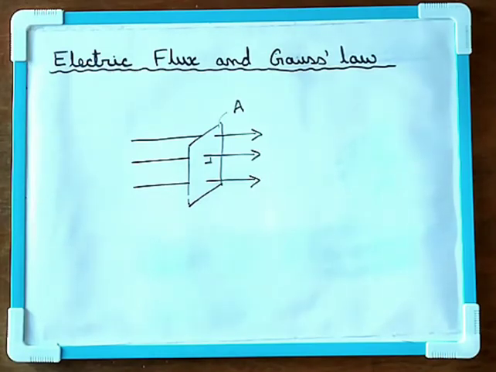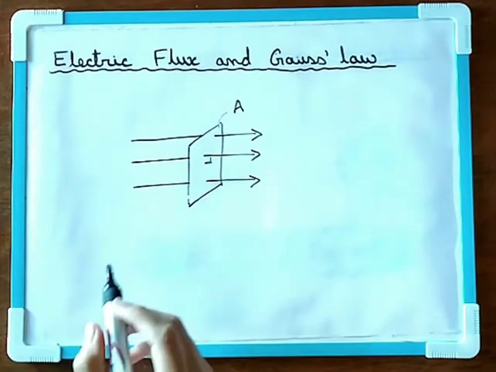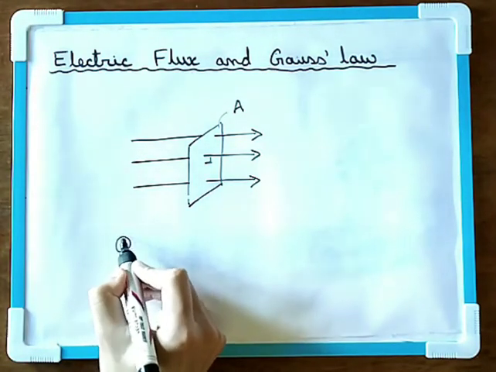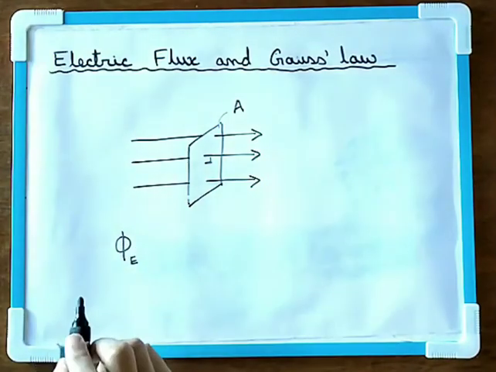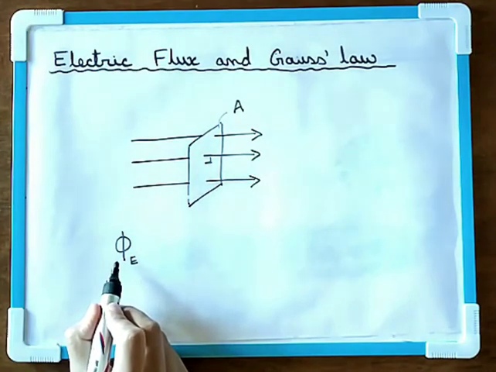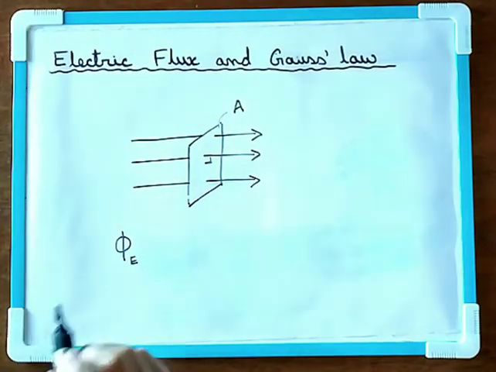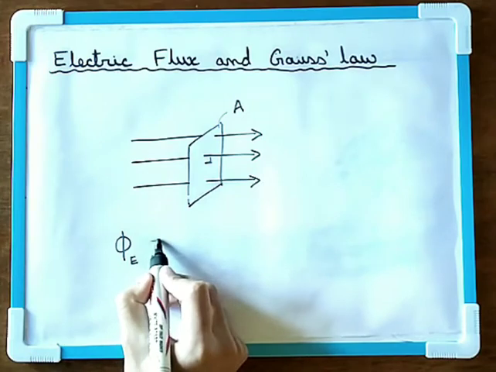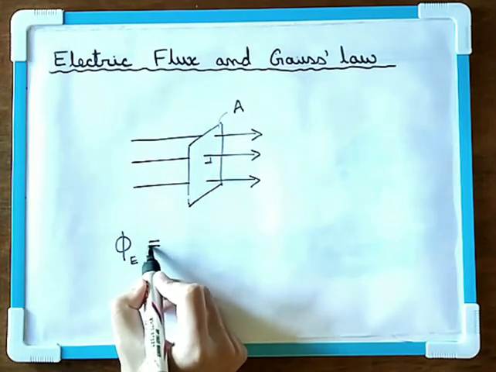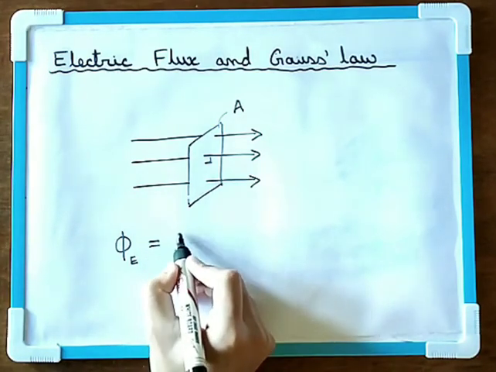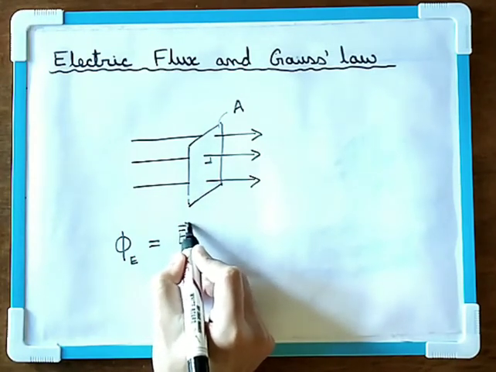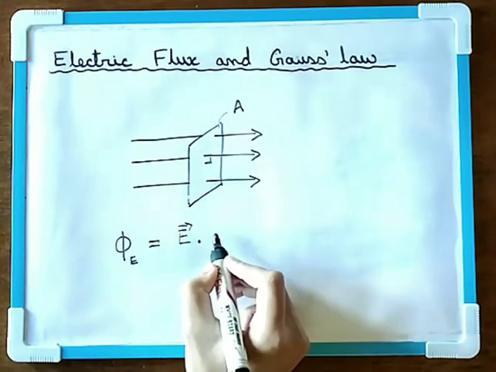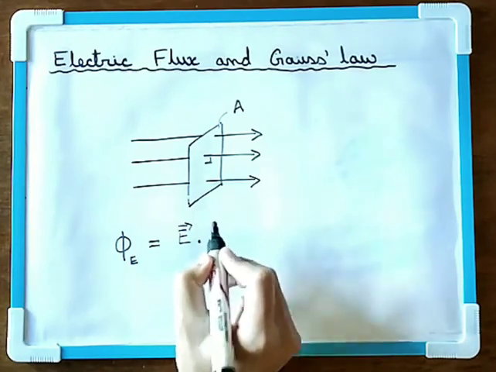Okay, but in order to measure the electric flux, which is denoted by phi E, so this is your electric flux. Electric flux is denoted by this symbol phi E, and it is defined or measured as the dot product of the electric field vector and the area vector.